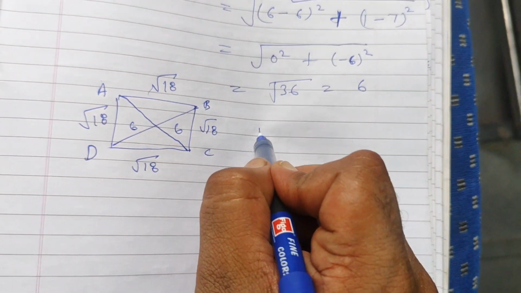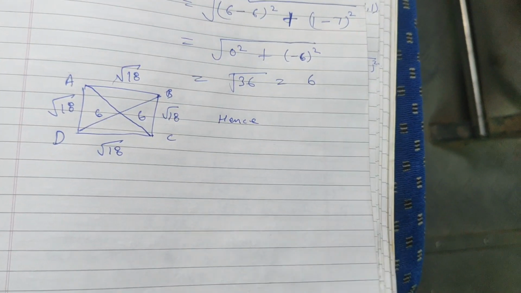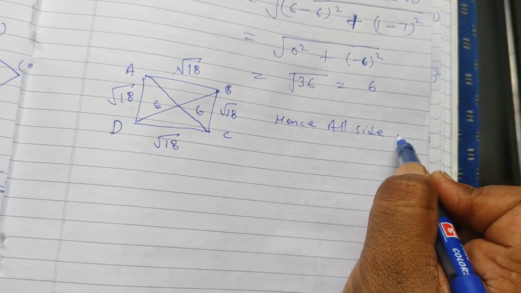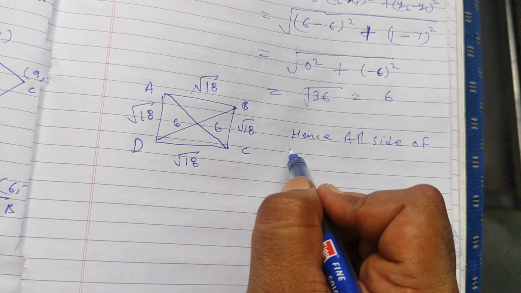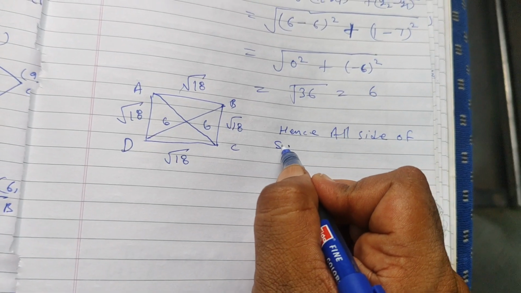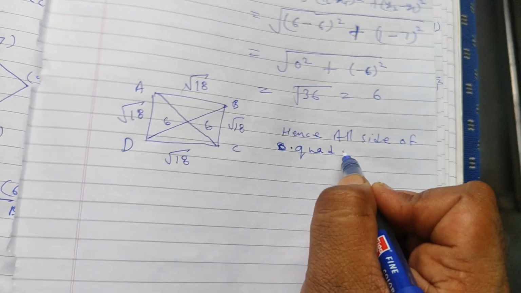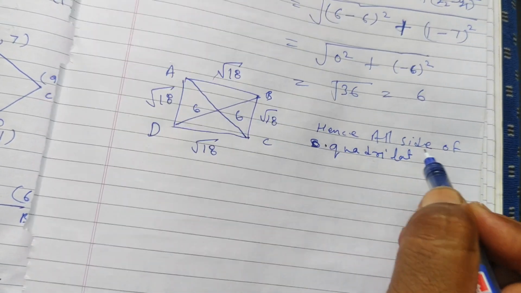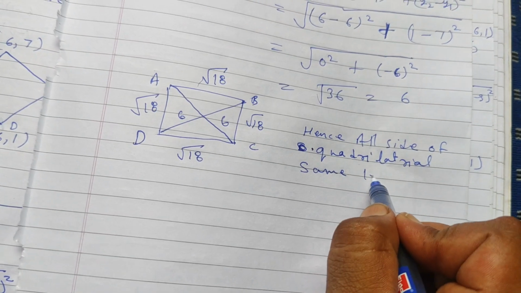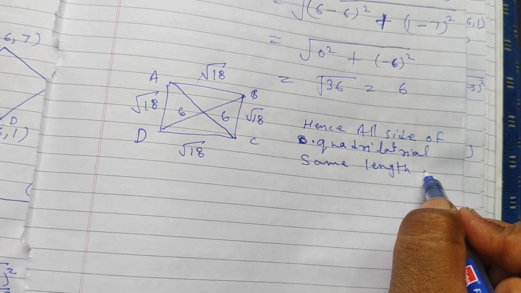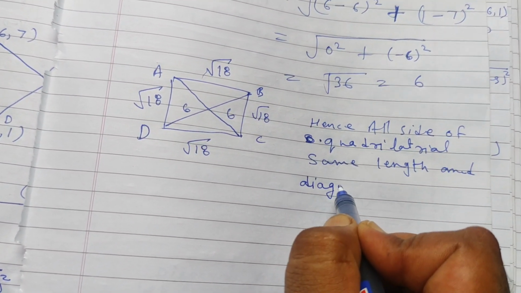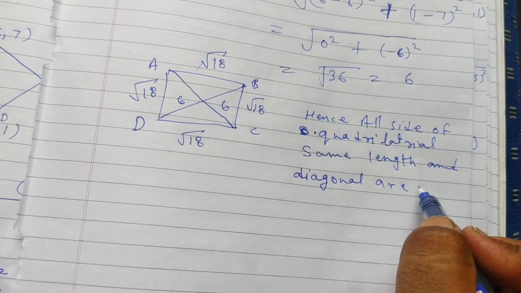Hence all sides of the quadrilateral are the same length and the diagonals are equal to each other.